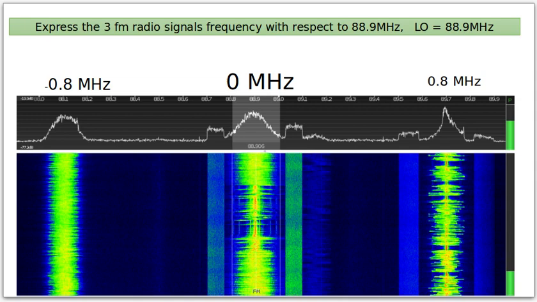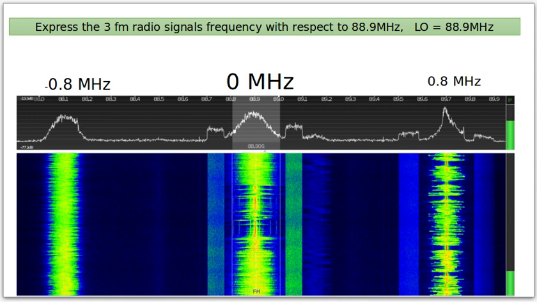So obviously the frequency at 88.9 is 0. The one at 89.7 is 0.8 megahertz above, and the frequency at 88.1 is simply negative 0.8 megahertz below 88.9.